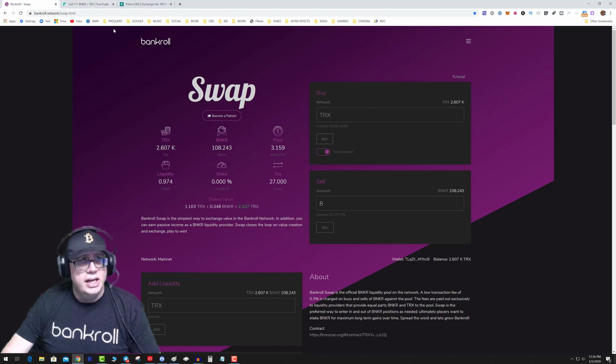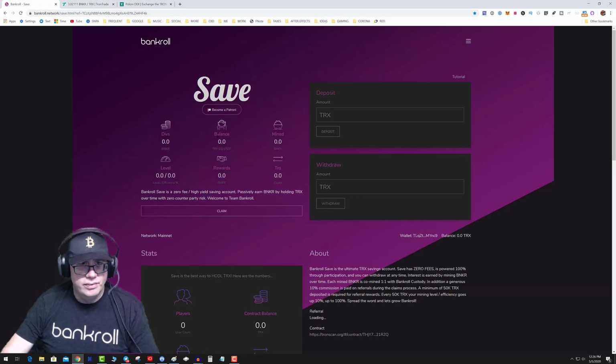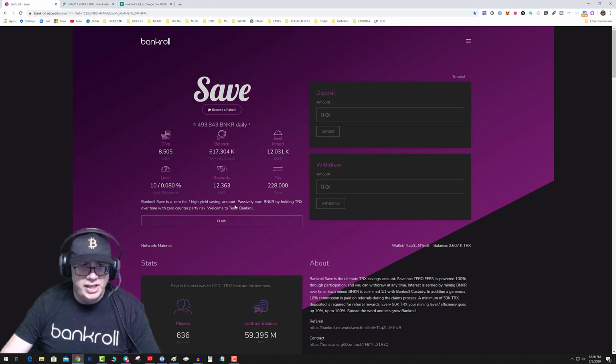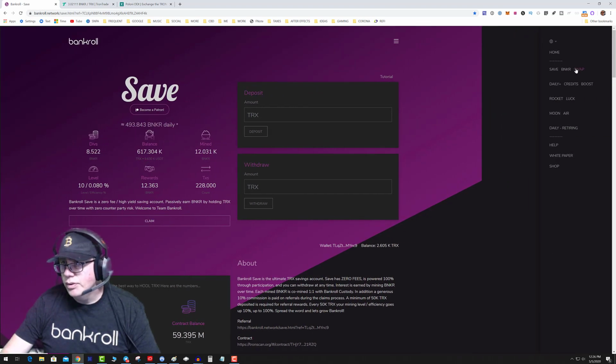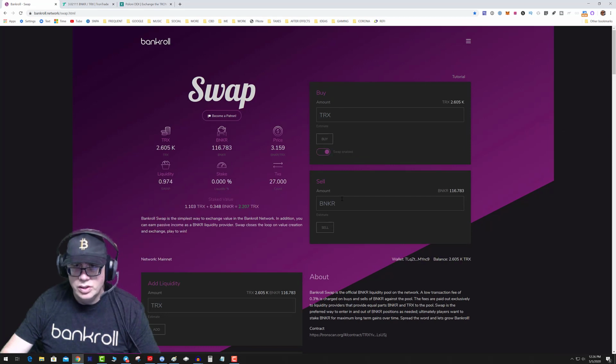So let's say that I went over to save, right, and I claim some divs. Okay, boom, and then I wanted to sell that Banker. I go back to swap, go to here, I hit I'm going to sell 8. It tells me the estimated TRX.